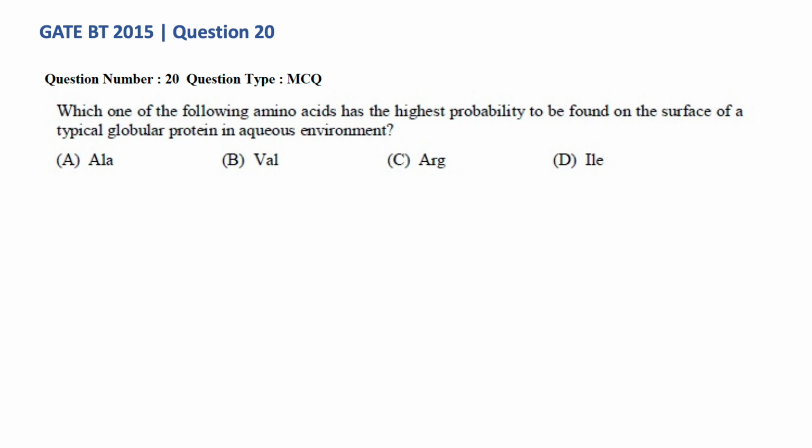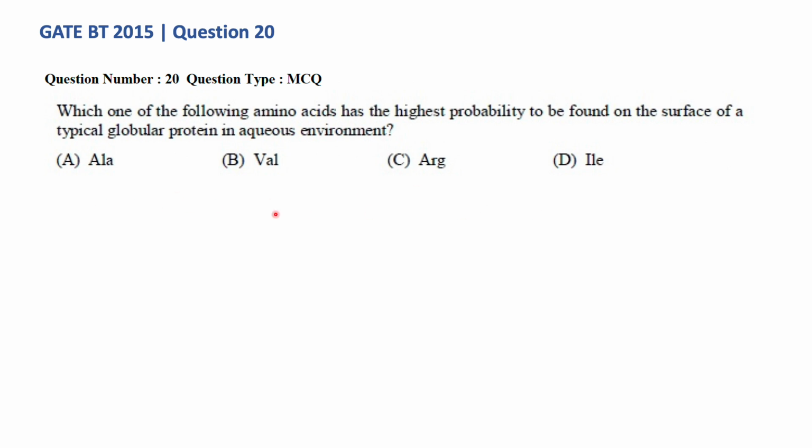Now coming back to our question, which one of the following amino acids has the highest probability to be found on the inner surface of a typical globular protein in an aqueous environment? Ideally, in an aqueous environment, on the outside, on the surface, there have to be polar amino acids.